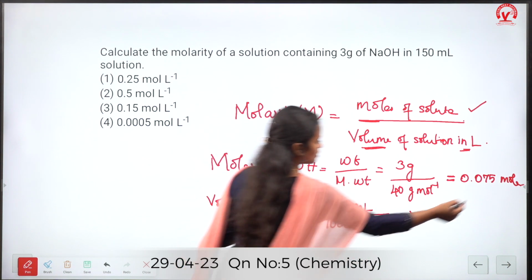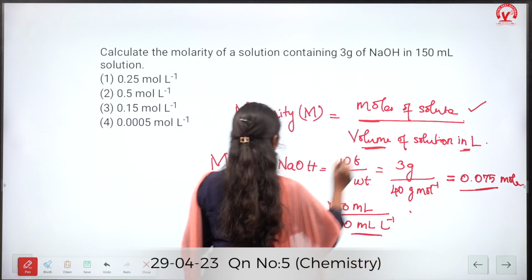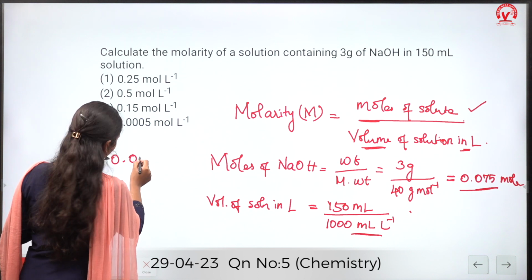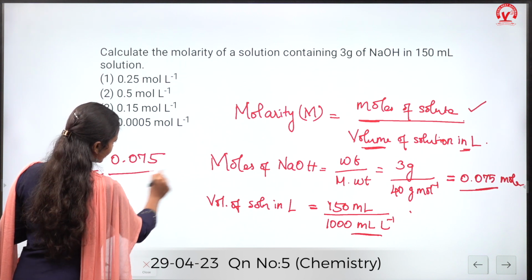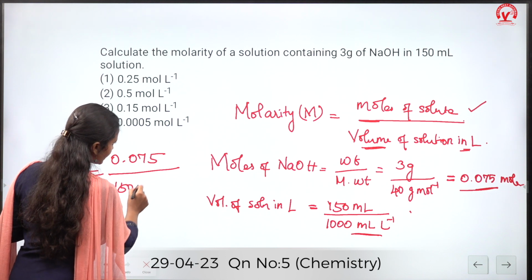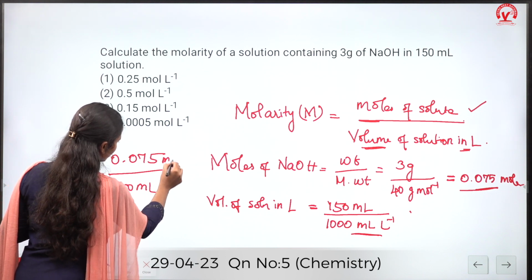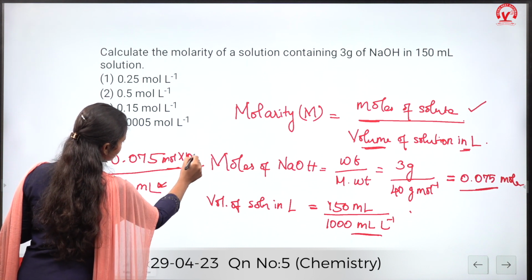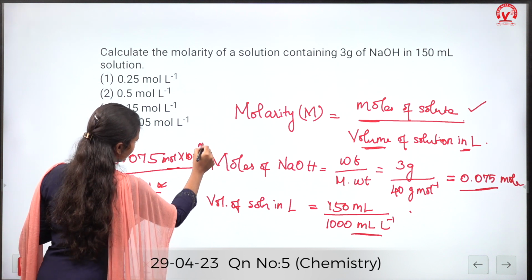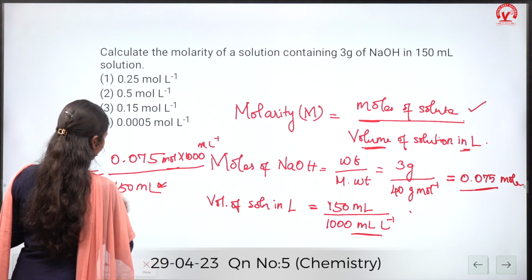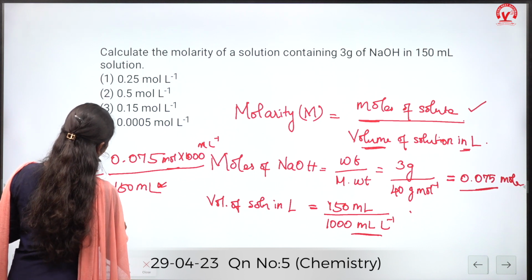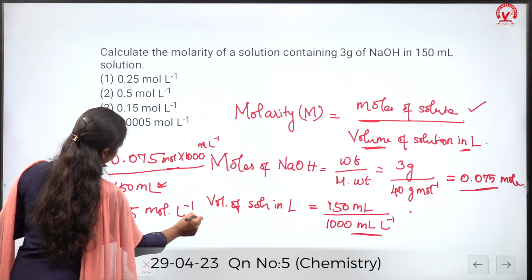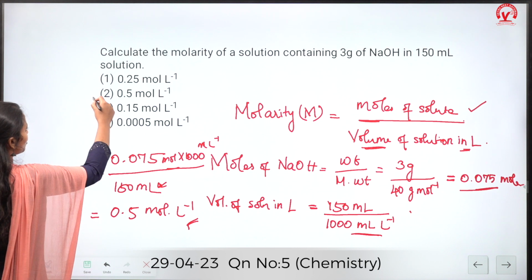We apply these values in the formula: 0.075 mole divided by 150 ml into 1000 ml per liter. When we solve this, we get 0.5 mole per liter. So the answer is option 2.